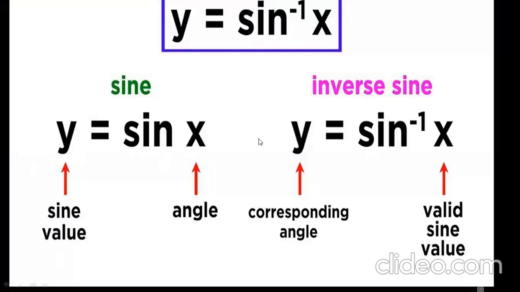If we write y is equal to sine inverse x, then x shows the value of sine and y shows the corresponding angle. So there should not be any confusion between the trigonometric function and the inverse of the trigonometric function.